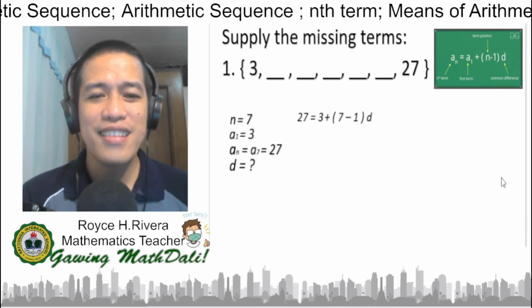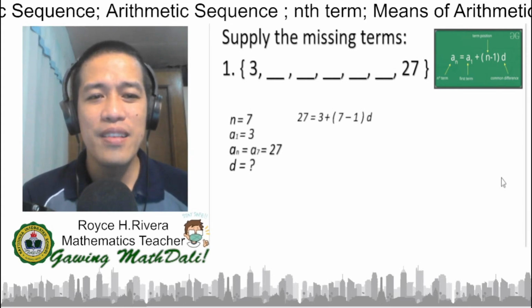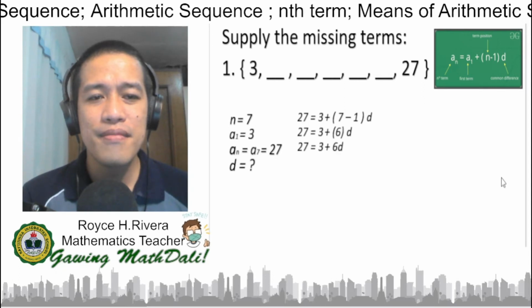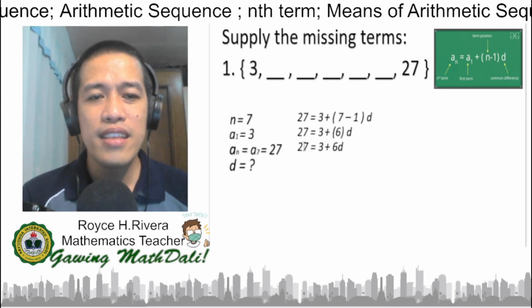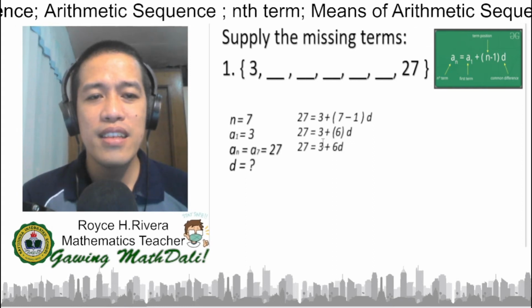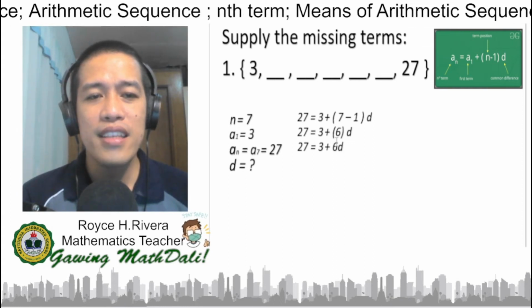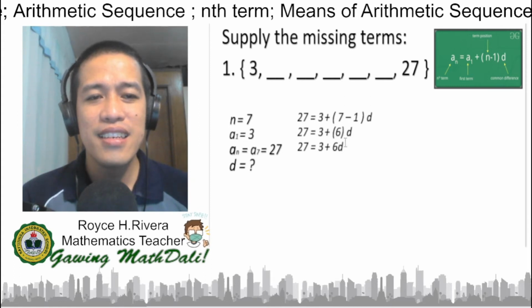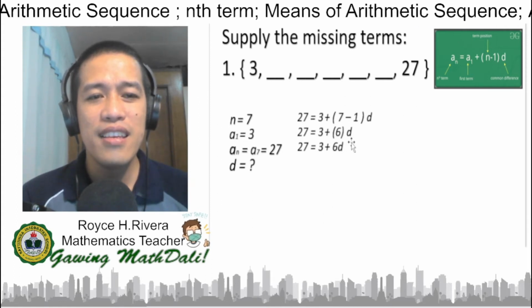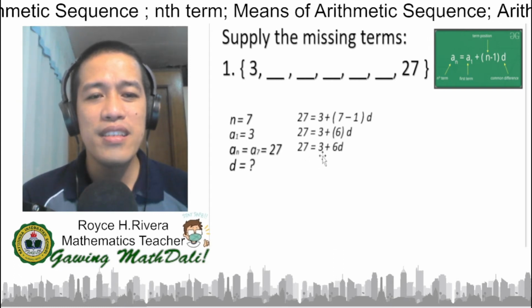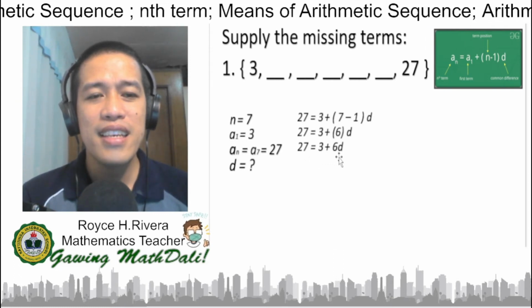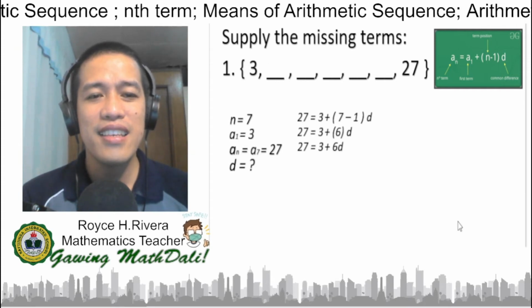Evaluate na natin. The second line will look like this one. 27 equals 3 plus 6 times D. Or 27 equals 3 plus 6D.